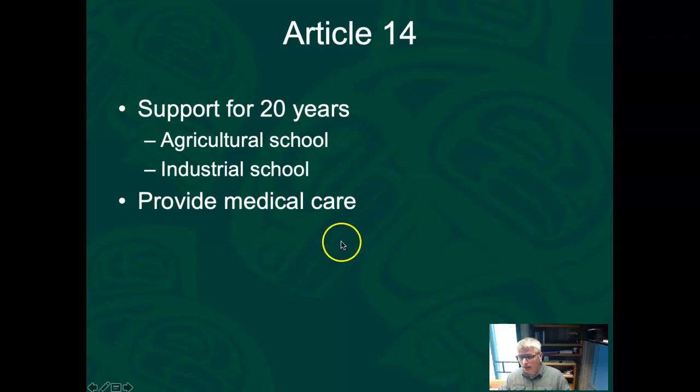So Article 14 provides support for 20 years for an agricultural school, an industrial school, and medical care. And again, those are still in place today. It's called Indian Health, and medical care is provided both on reservation and in urban centers in Seattle.